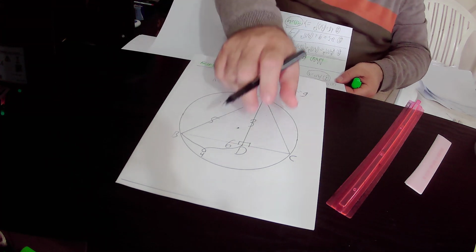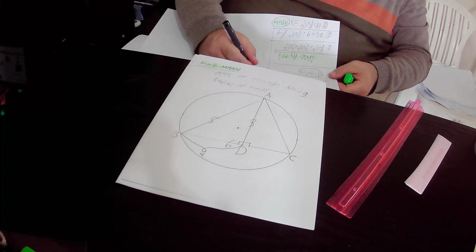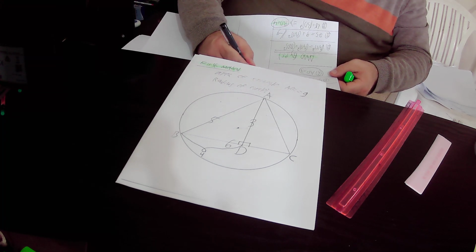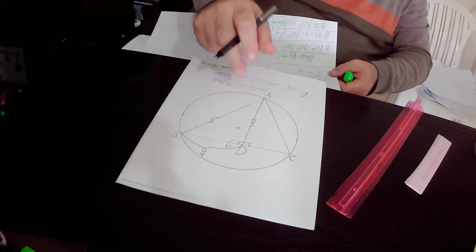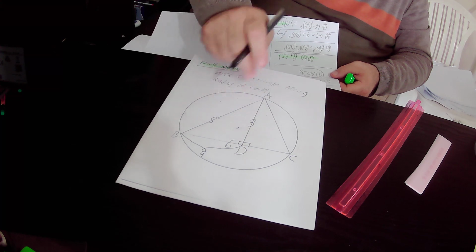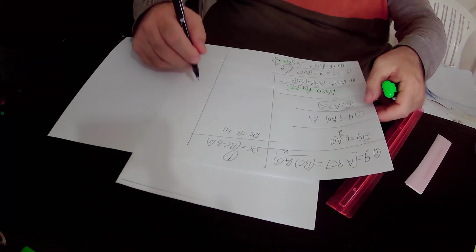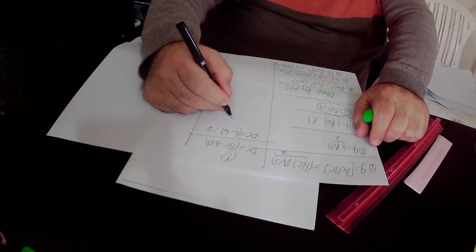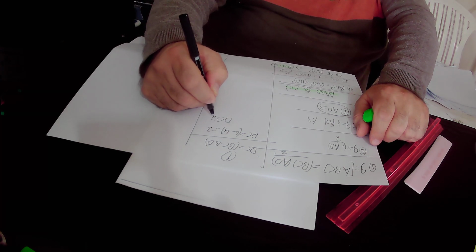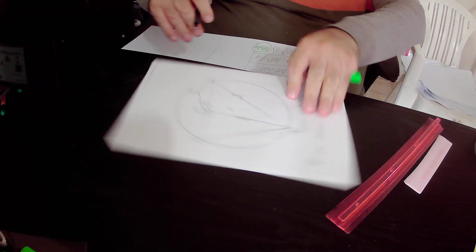So DC equals BC, 6 units according to what is given in the question, minus BD, which we just found equals 4 units. So in conclusion, DC equals 6 minus 4, that is 2. DC equals 2 units. So I can write down here that DC equals 2 units.